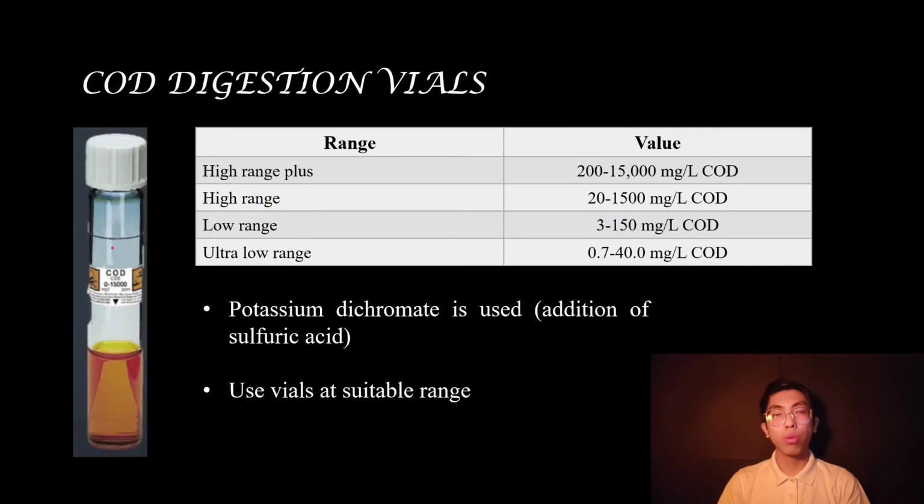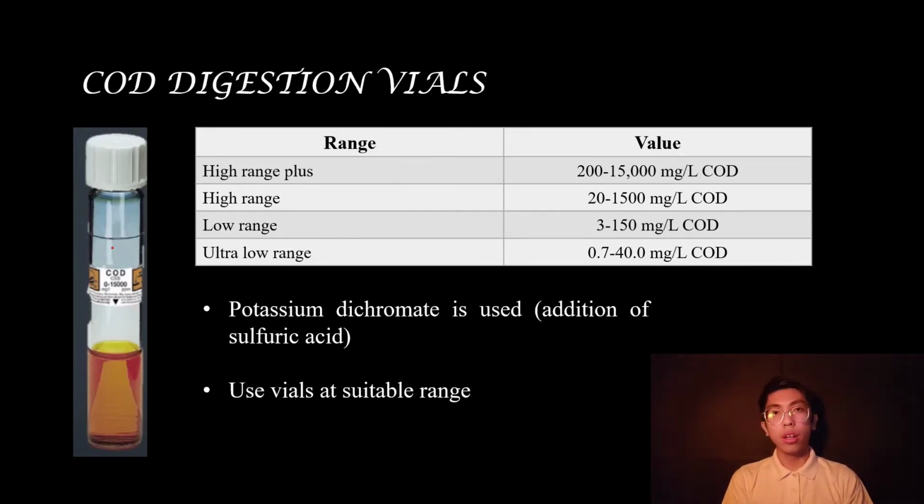The first thing I will show you is the COD digestion vials. There are 4 ranges of vials to choose from: high range plus, high range, low range, or ultra low range. The higher the range, the more polluted the water sample that is used. In our experiment, we use low range, which is about 3 to 150 mg per L COD.